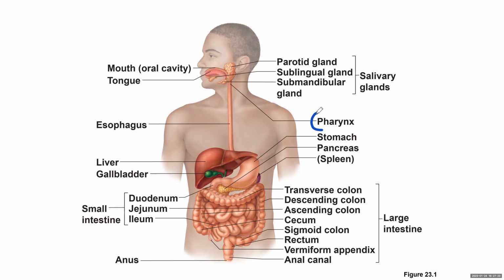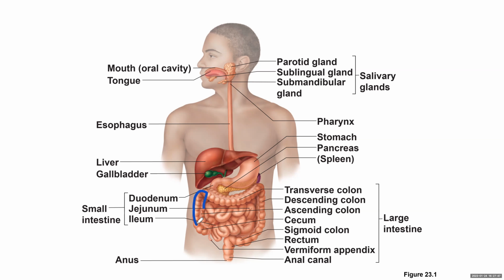Then we have pharynx, esophagus, stomach, small intestine that is divided into three parts: duodenum, jejunum, ileum, and large intestine. We call the large intestine colon. So we have cecum, that's the first part of the large intestine.